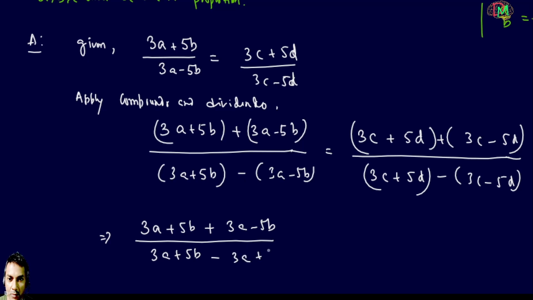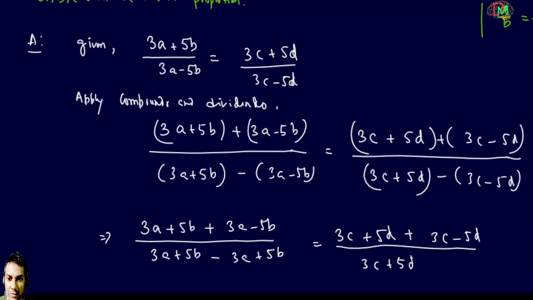So 3a plus 5b, and here it is 3c plus 5d plus 3c minus 5d, and the denominator we can write as 3c plus 5d minus 3c plus, the sign will be changed. So we can cancel out the 5b, here 3a cancels out, here 5d cancels out, and here 3c minus 3c cancels out, and what remains here?